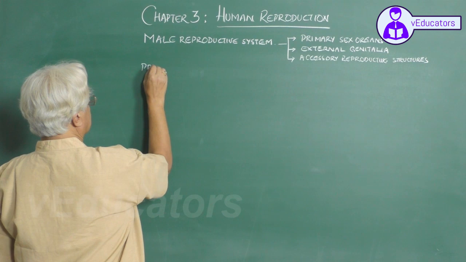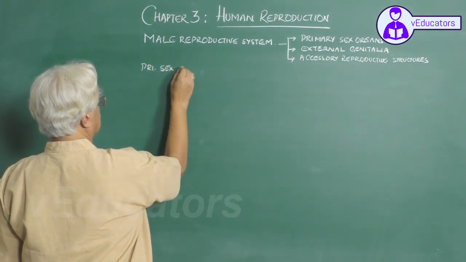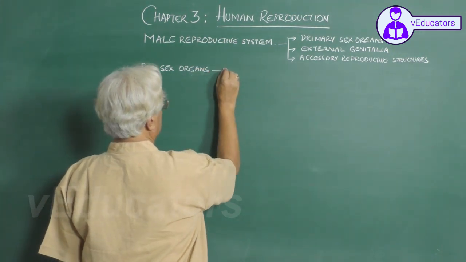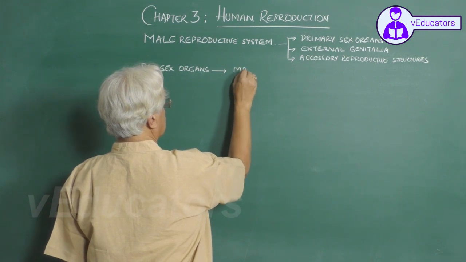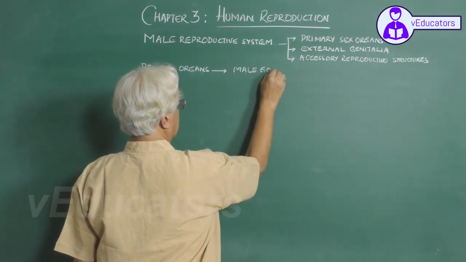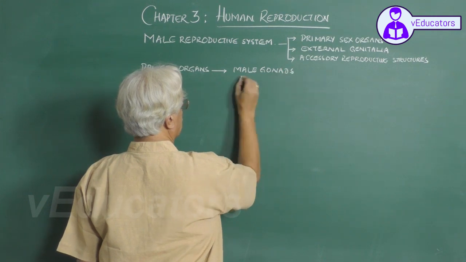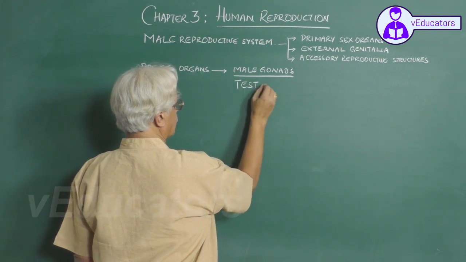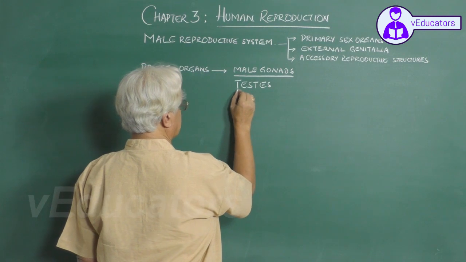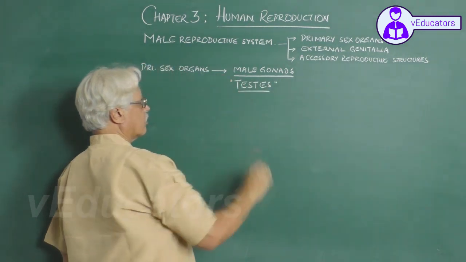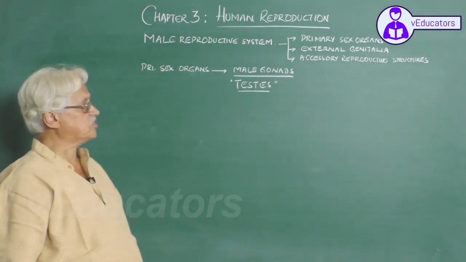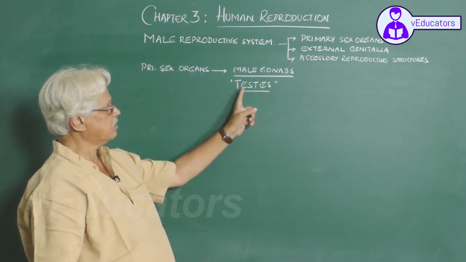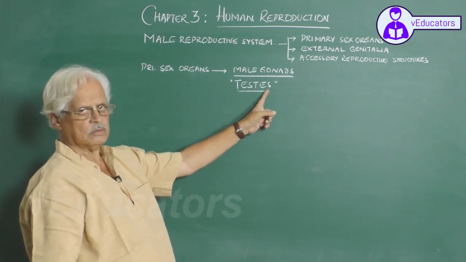The primary sex organs are called male gonads, more specifically they are called testes, testes plural, testis singular.